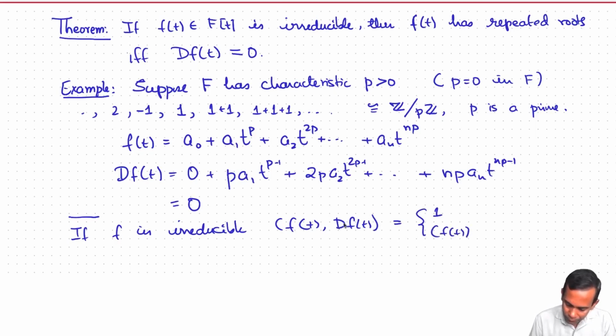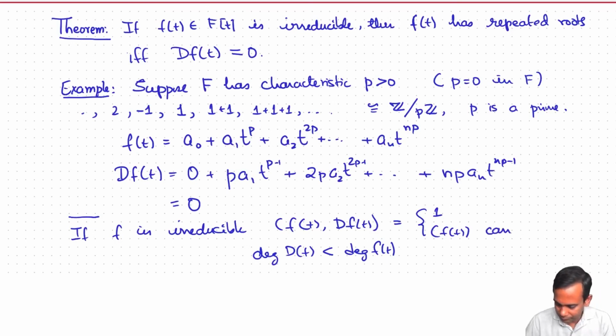Now, the degree of df/dt is strictly less than the degree of f(t). So you cannot have f(t) dividing df/dt because the degree of df/dt is smaller than the degree of f(t), unless of course df/dt is identically 0. So this can only happen if df/dt is 0. In fact, if df/dt is 0, this is exactly what happens.